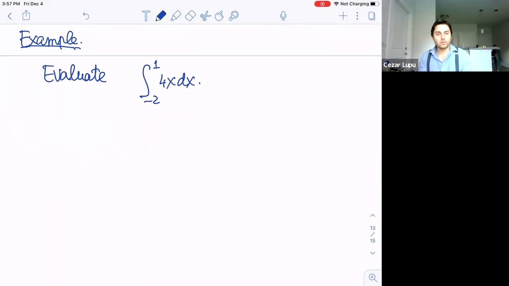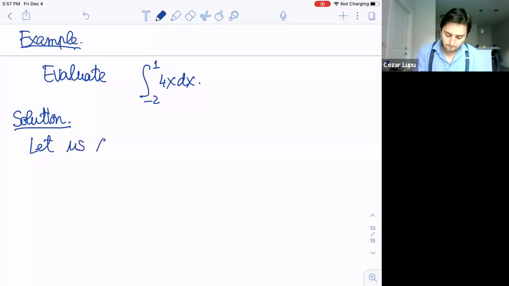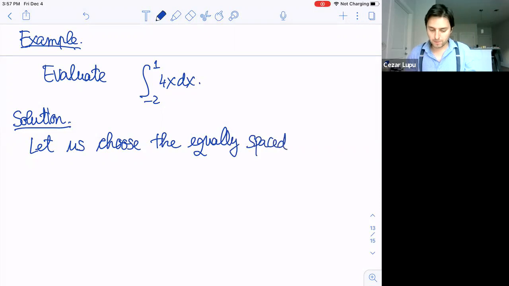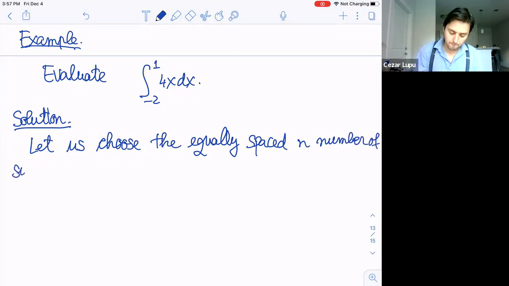So keep this in mind. Now what we're going to do is the following. Let us choose n equally spaced subintervals.